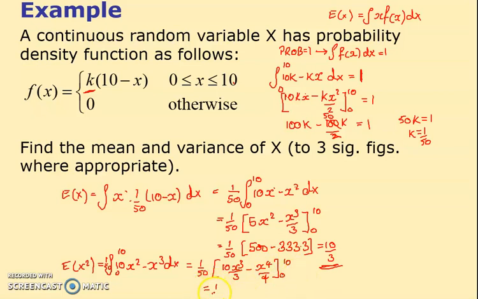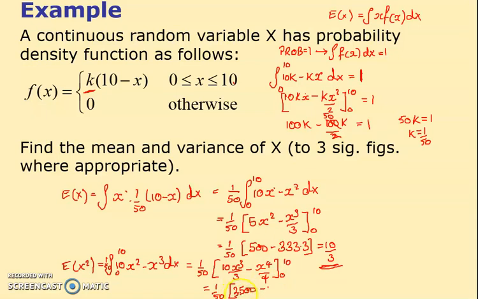And this equals a 50th of, if I put 10 into that, it's 10 times 10 cubed, and then divided by 3, 3,333. And then minus, that's 10,000 divided by 4, which is 2,500. I figured it would be a nice answer. Oh, that's divided by 3 on the first one.